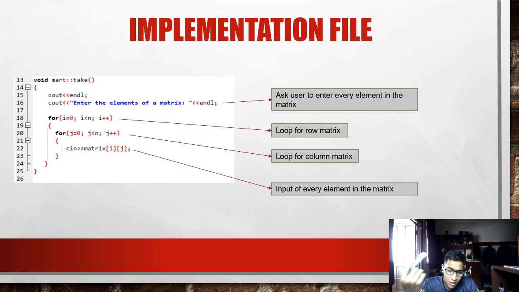Why 0? Because the index starts from 0, not 1. And it's i < n, not less than or equal, because the function will read up to the second last term. I hope you know what I'm saying, right? Then I input every element in the matrix with cin matrix[i][j].